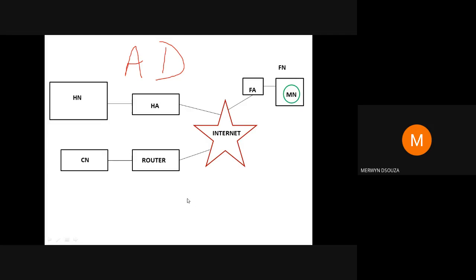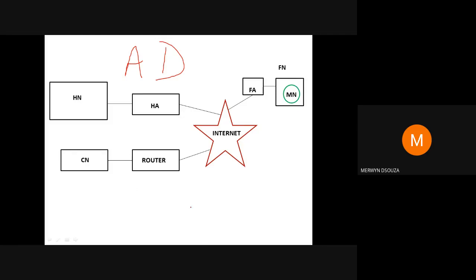Two ways of doing the agent discovery: agent advertisement and agent solicitation. Let's look at both of them. In agent advertisement, the foreign agent or the home agent normally advertise their presence through periodic messages.